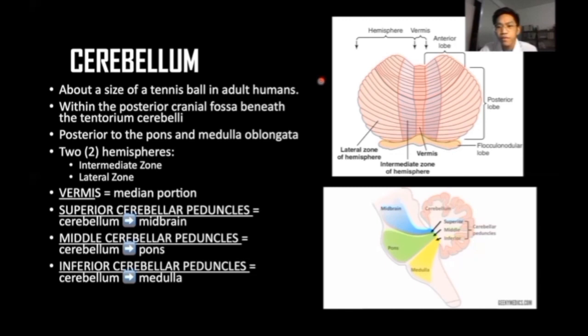The superior cerebellar peduncles connect the cerebellum to the midbrain, which is represented by the blue part here on the picture below. Next, we have the middle cerebellar peduncles, which connect the cerebellum to the pons, which is represented by the green shaded part. And lastly, we have the inferior cerebellar peduncles, which is represented by this yellow part.